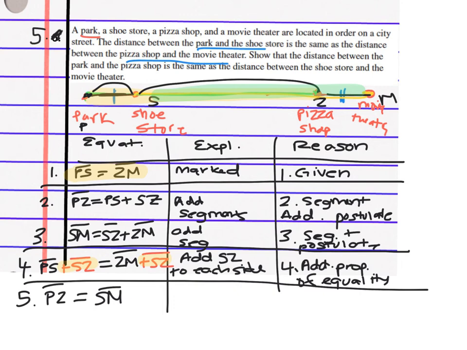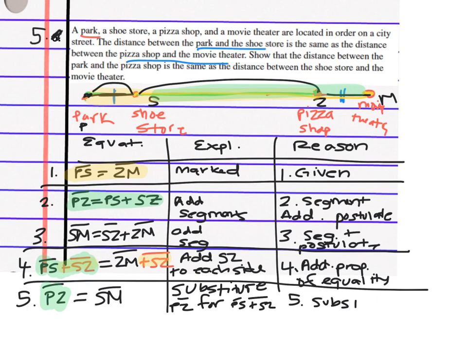I substituted PZ right here for PS plus SZ. And I can do that because of right up here. So I'll write that out. Substitute PZ for PS plus SZ. Okay, and that's my substitution property.